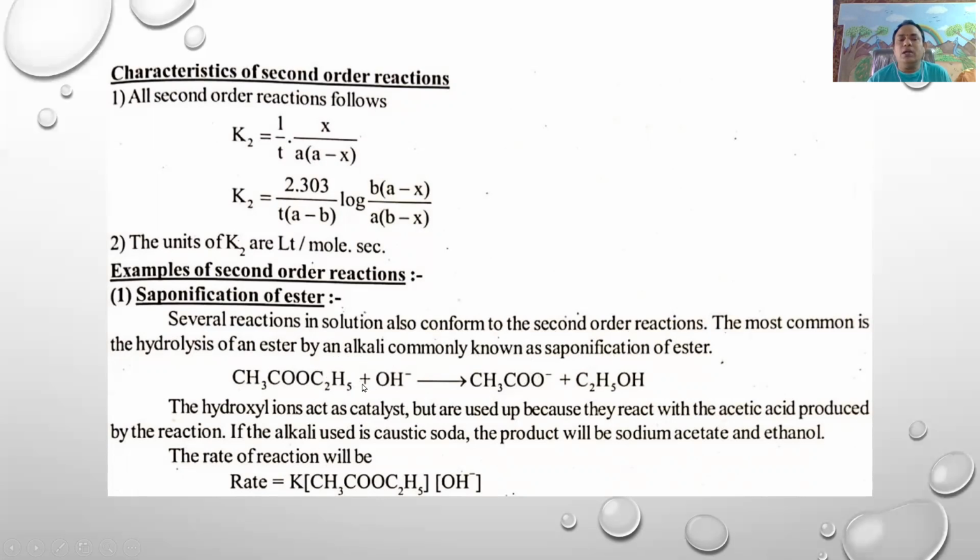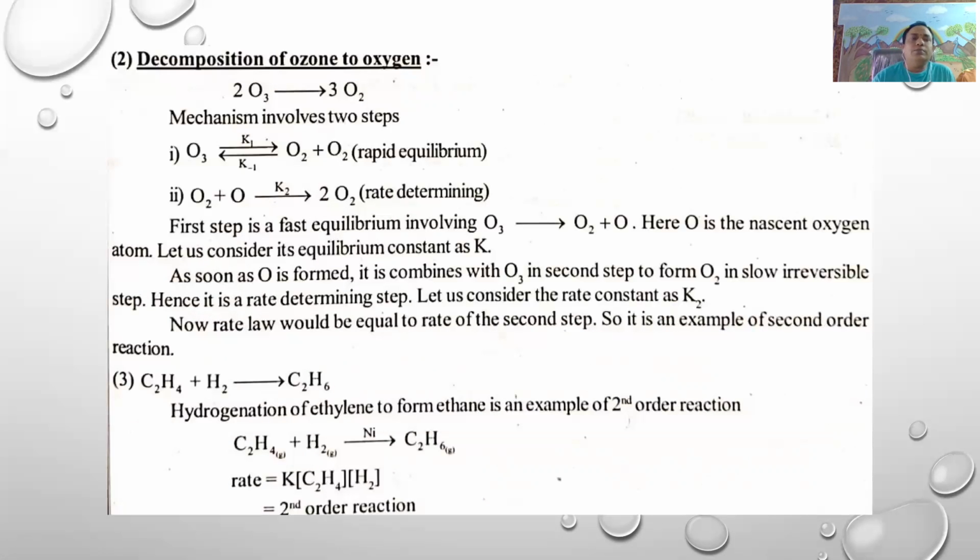That is, ethyl acetate plus alkali gives acetate ion and ethyl alcohol. The hydroxide ions do not act as a catalyst, because they are used up as they react with the acetic acid produced. If the alkali used is caustic soda, the products will be sodium acetate and ethanol. Here the rate of reaction depends upon the concentration of ethyl acetate as well as the concentration of alkali. Therefore, it is a second order reaction.